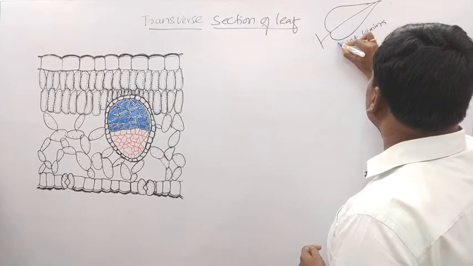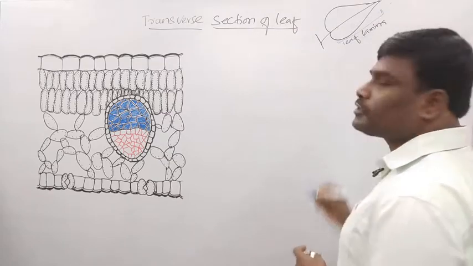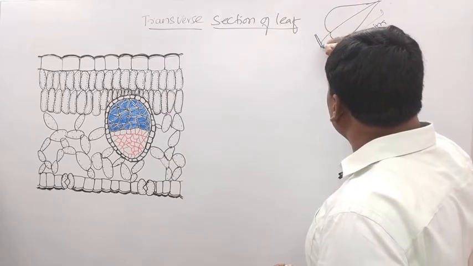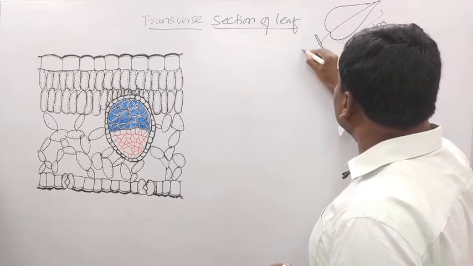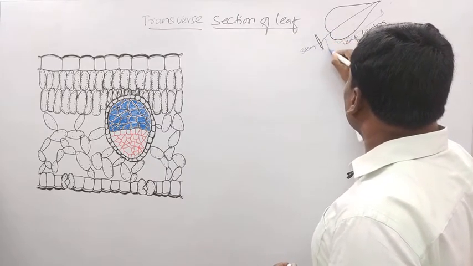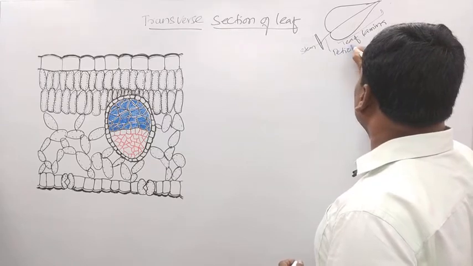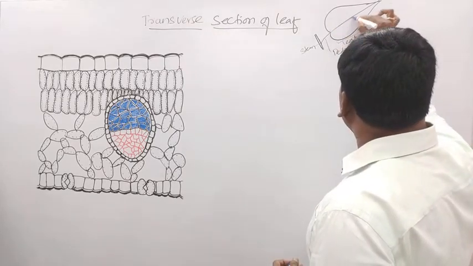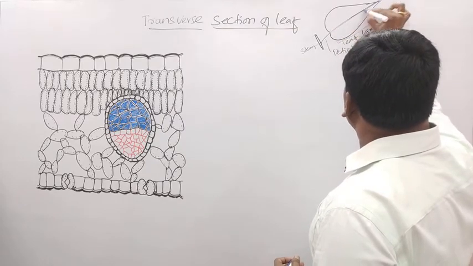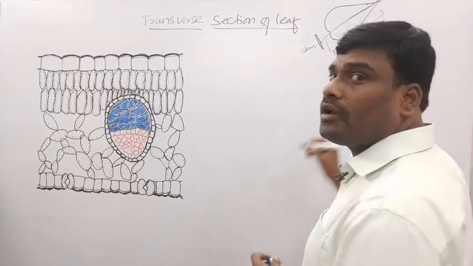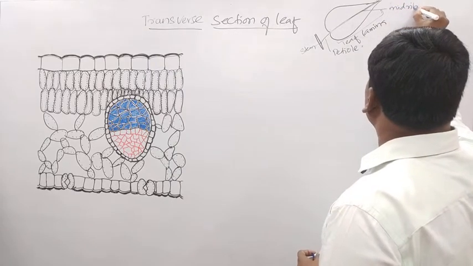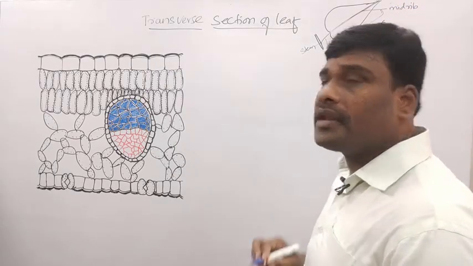So this is the leaf lamina, children. This leaf lamina is connected to the stem by the petiole. The line which runs in the middle of the leaf, we call it the midrib, children.